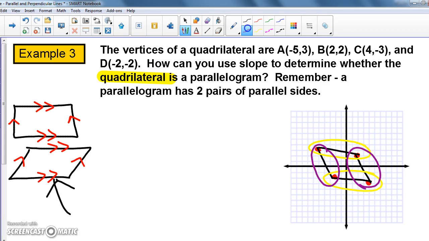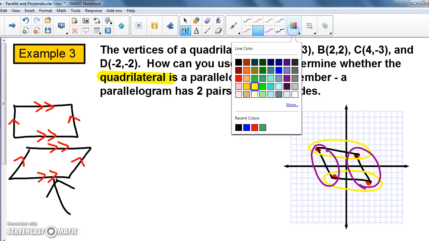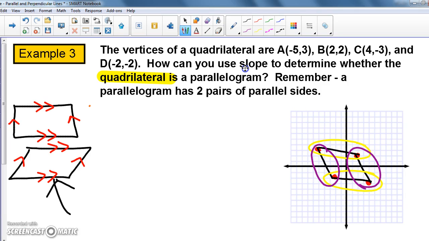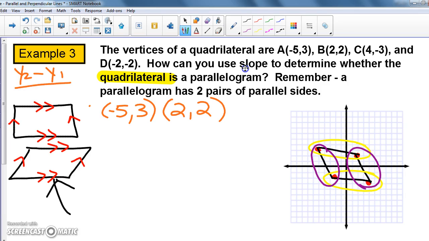Okay, so let's look at the yellow points first. For the yellow points, we can do that in orange because I don't really want to write in yellow. The yellow points I have -5, 3 and 2, 2. So let's find the slope of that one first. Remember, we're going to use our slope formula. And I have 2 minus 3 over 2 minus -5.